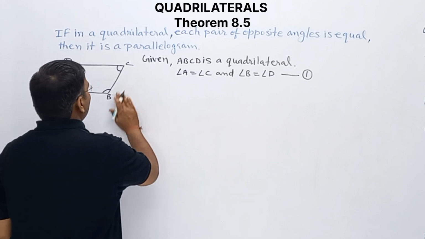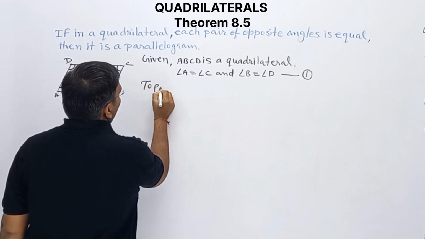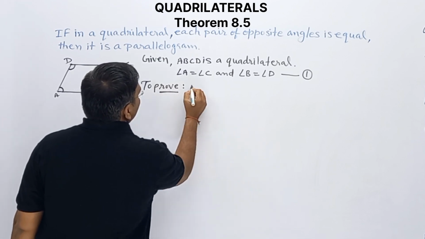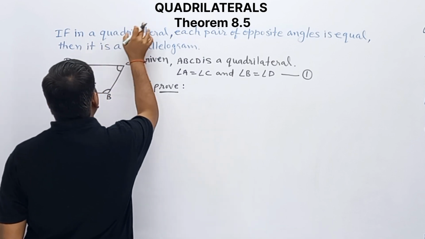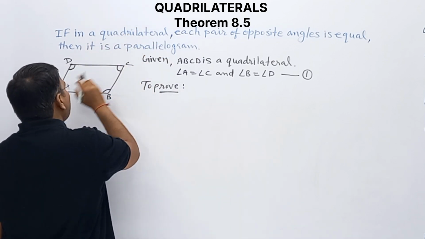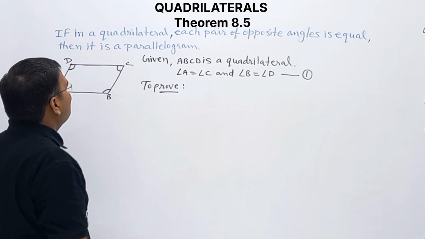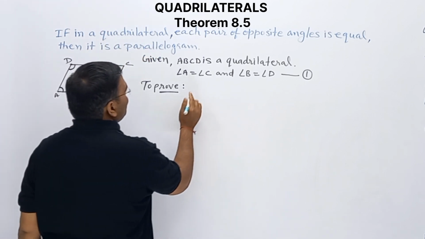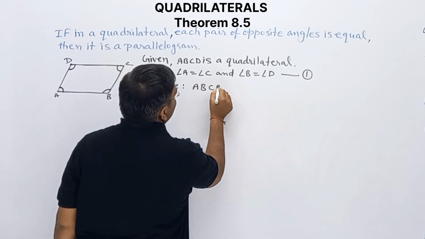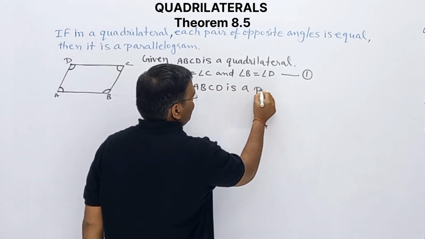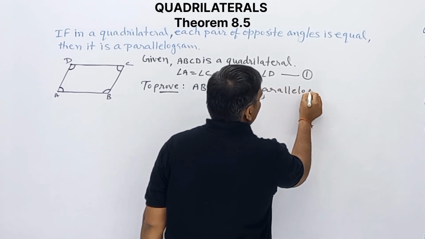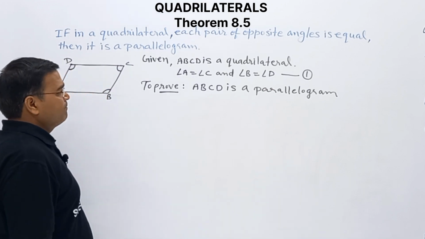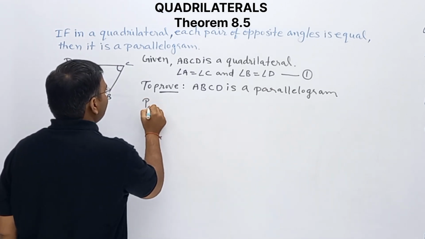So we want to prove that ABCD is a parallelogram. Clear?